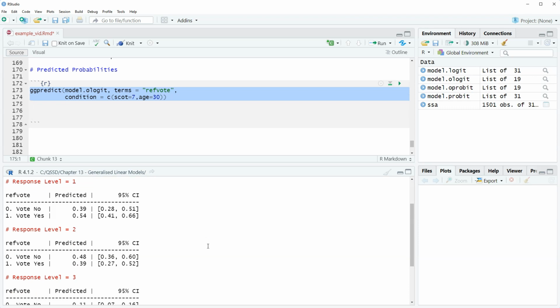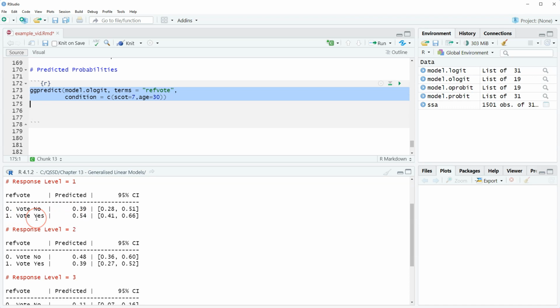All right, so for someone, so a 30-year-old with the strongest Scottish identity who planned to vote no, their predicted probability of saying you can never trust the British government is 0.39 or 39%. Okay?